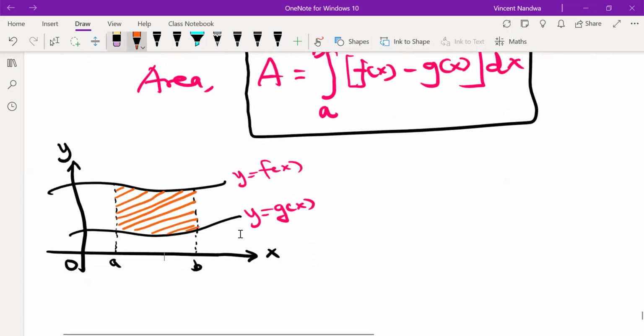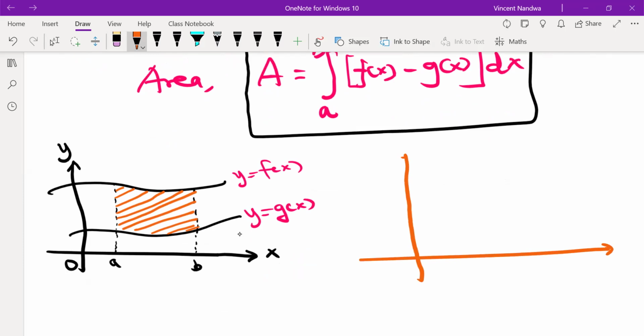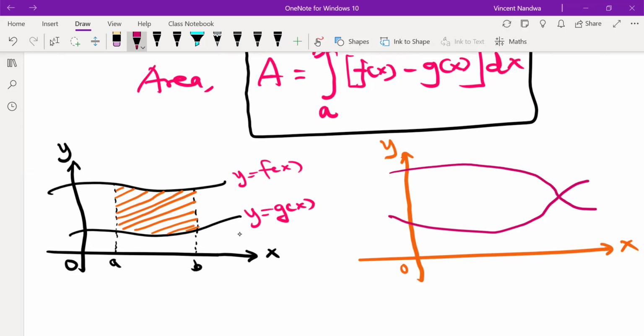Or we can have this sketch. So this is y equals f of x.